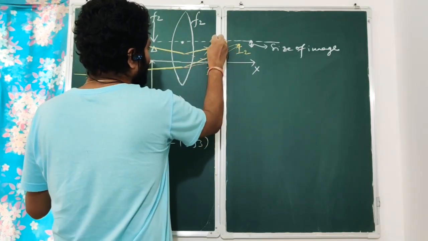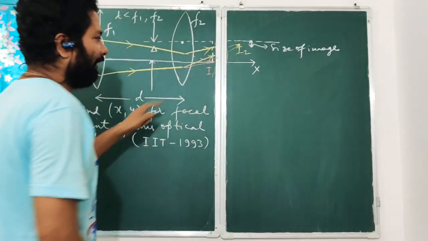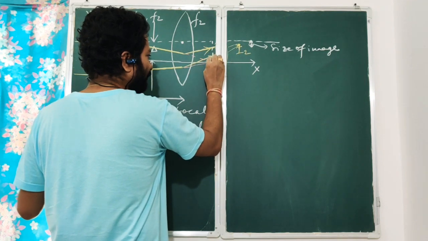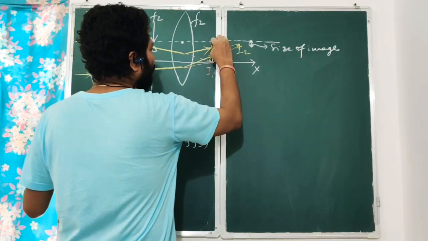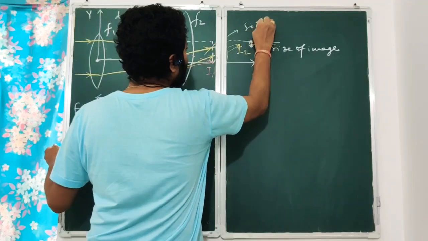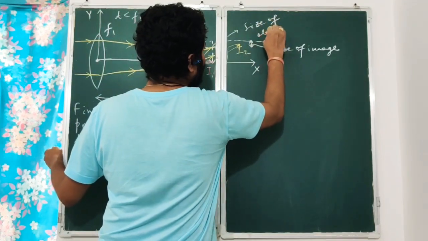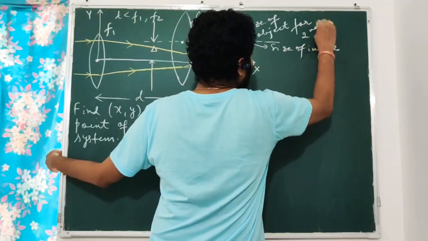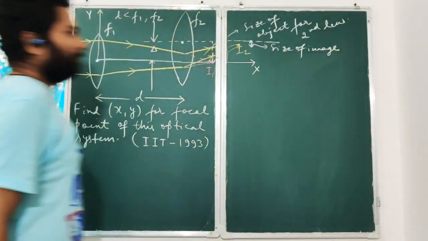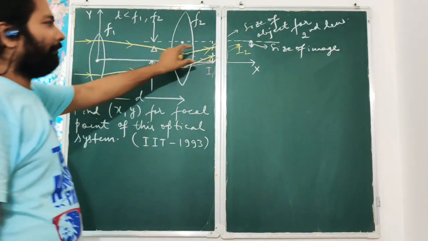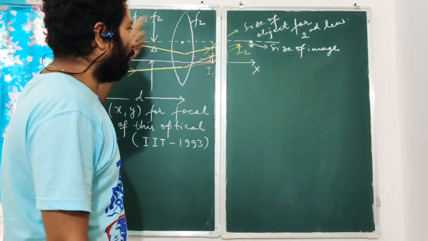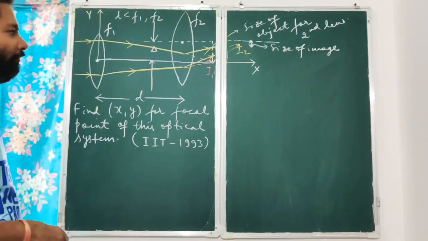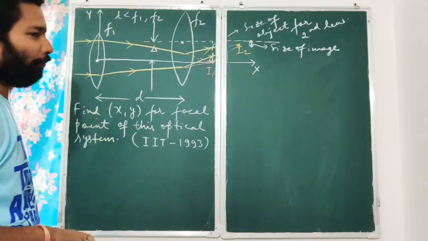This I1 is acting as object for the second lens. So size of object for the second lens will be del. So this is representing your size of object for the second lens. This idea will be helpful for us to determine the y coordinate of the system, which we are going to do later on. But first let's concentrate on finding the x coordinate of this focal point.